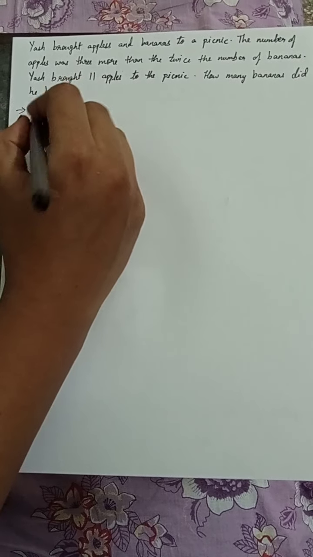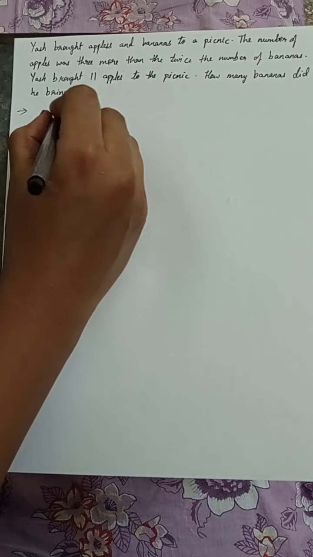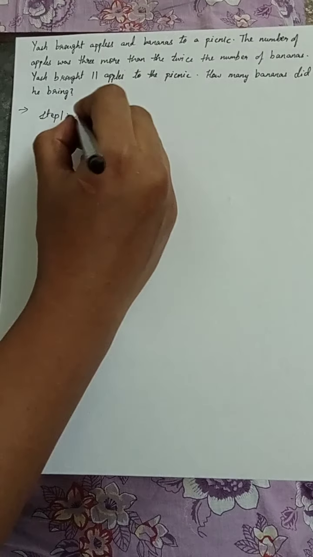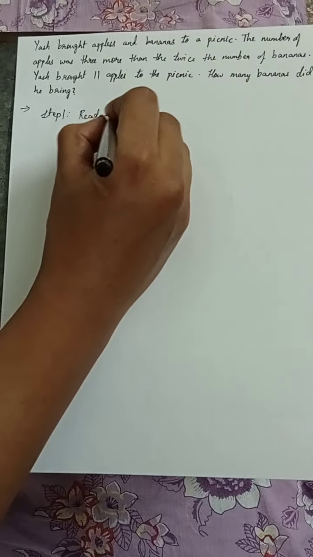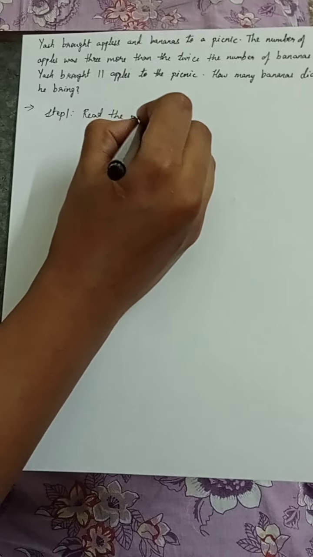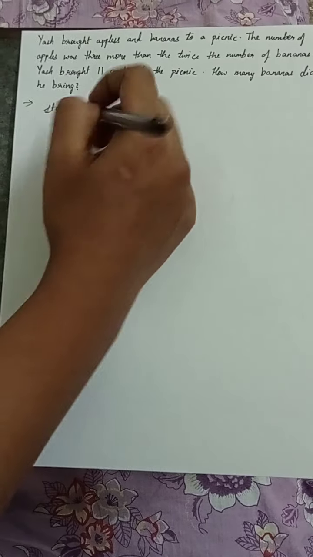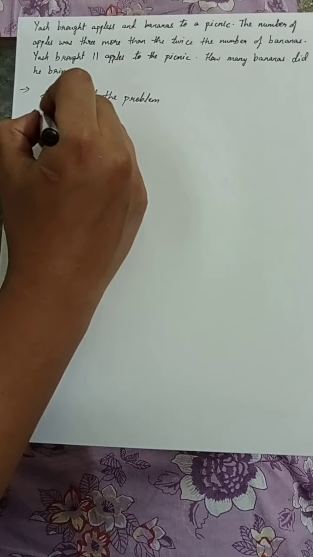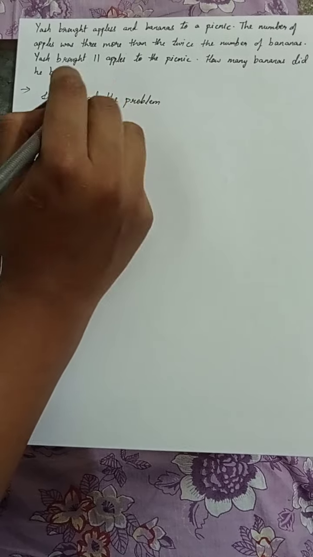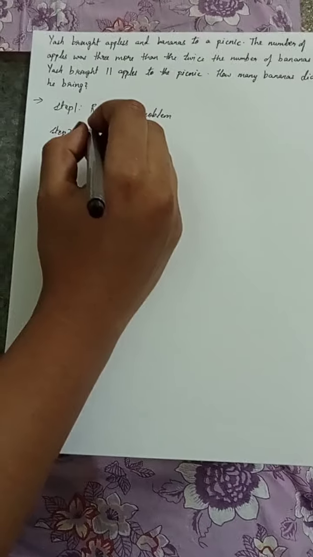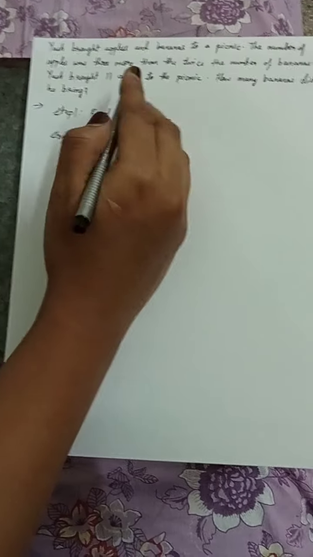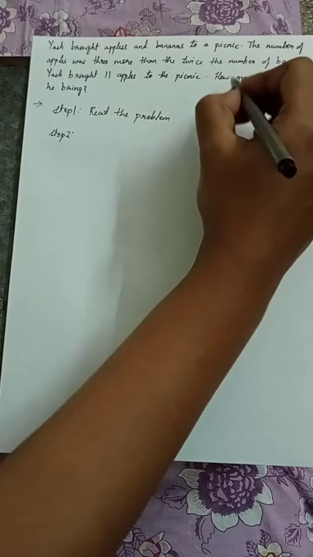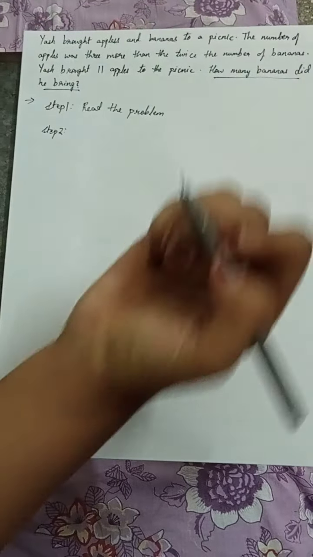So now in the strategy, step 1 will be read the problem. Next, step 2. In step 2, you will identify what you are looking for. In short, over here we are looking for how many bananas he brought.